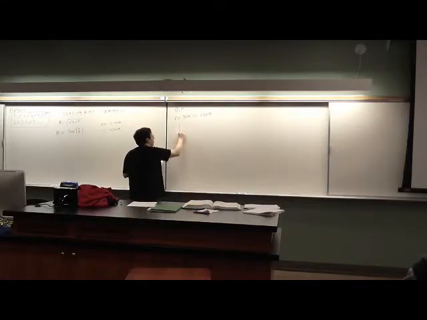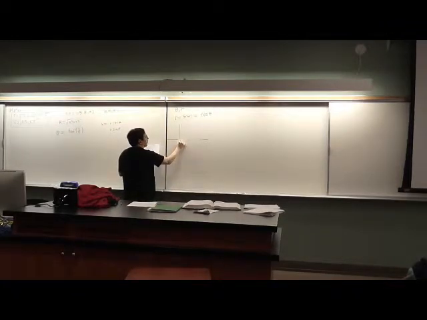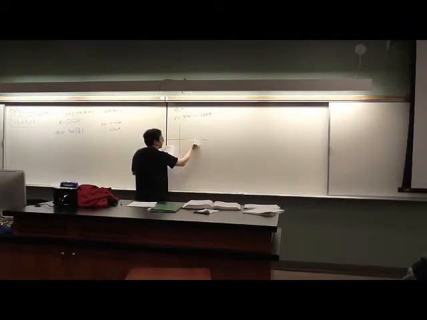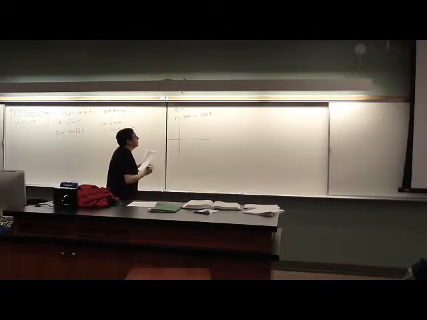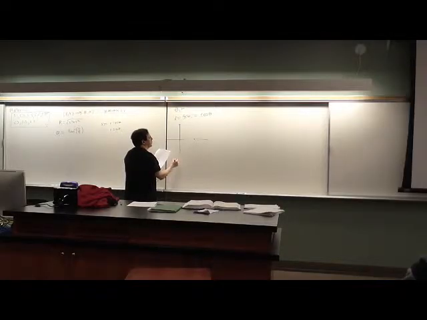So if r is the cosine of theta, what does that look like? Well, at zero angle, it's just going to be 1. And straight up, at pi over 2, it's going to be 0.